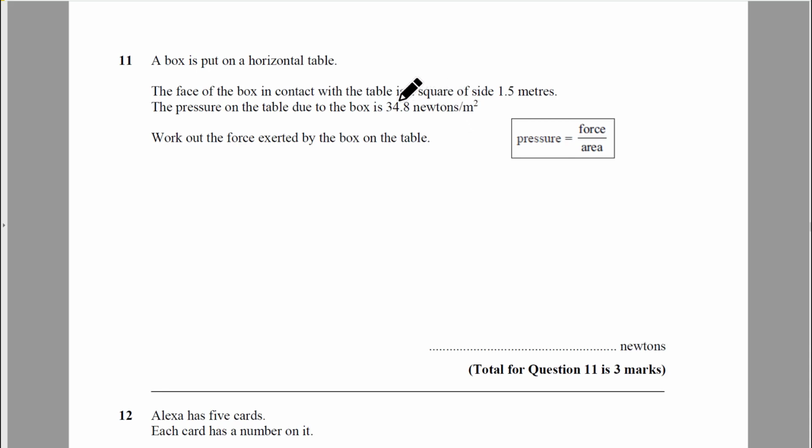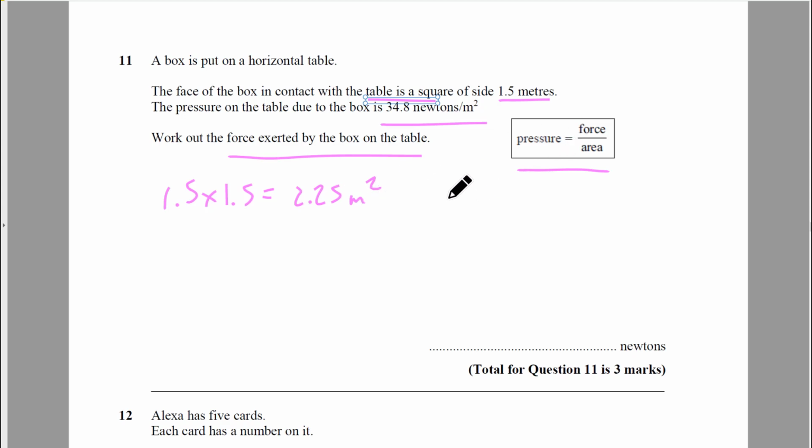Okay, so there's a square table. Pressure equals force divided by area. Work out the force exerted by the box on the table. You've got the pressure here, lengths are in meters, but we need to find the area of the table. So that's one line of working out. 1.5 times 1.5 equals 2.25 meters squared. That's the area.